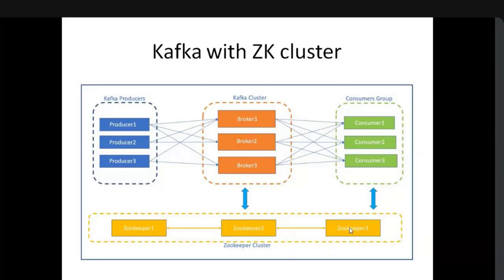I'm repeating again: if in your zookeeper cluster only 2 nodes are there, then as per the formula we are not achieving the quorum, because quorum says at least 3 nodes should be there. 2 nodes will definitely create an issue. It will not be a healthy cluster if you create it with 2 zookeeper nodes.